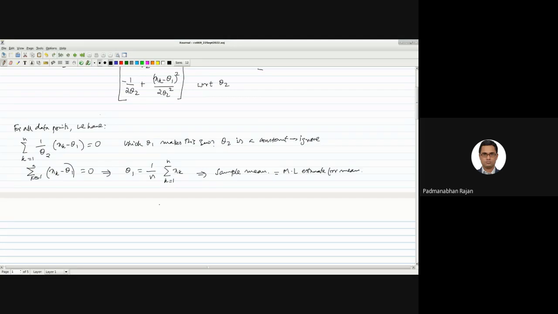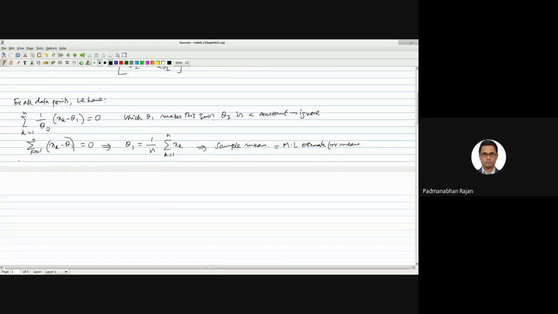Therefore what we conclude is the ML estimate for mu is x bar, which is 1 by n sum of xk, k goes from 1 to n, which is nothing but the sample mean.